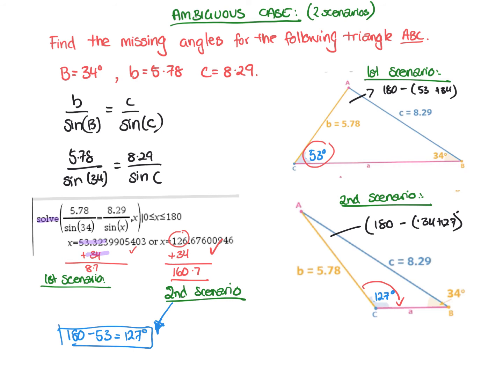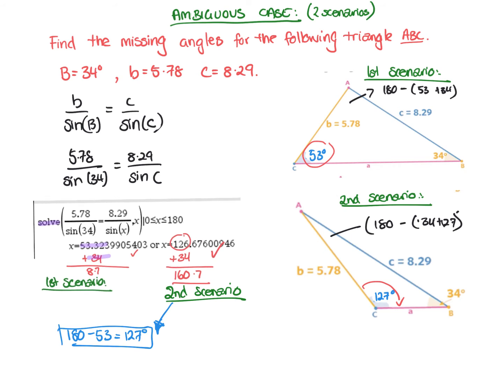So you have to check that they work. You need to look at the diagram if they give you one. Which option are they giving you? If they don't give you a diagram, you might have to state both options. Okay. You will notice maybe in a textbook they will tell you, I'll show you. If you do end solve on your calculator, you will get the smaller option, which is the 53.